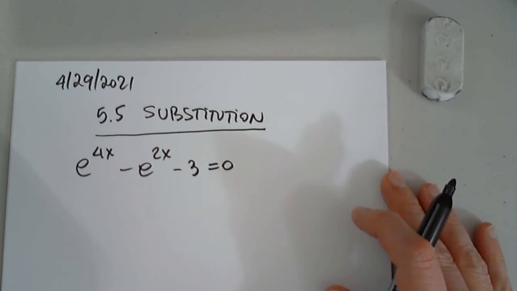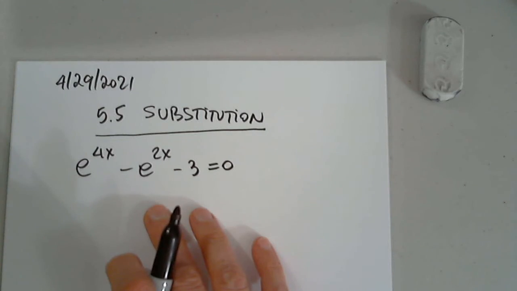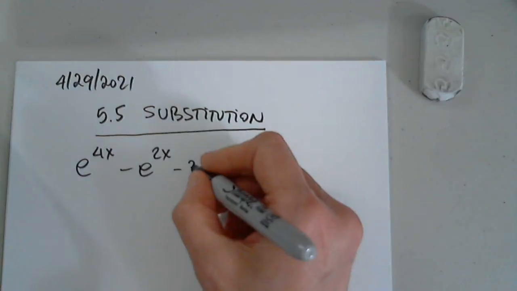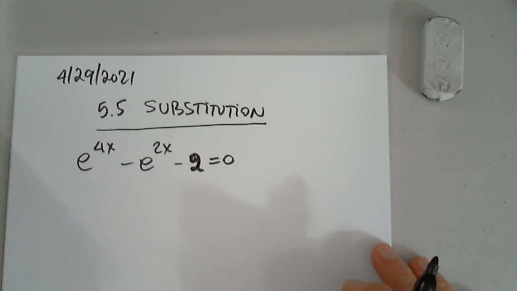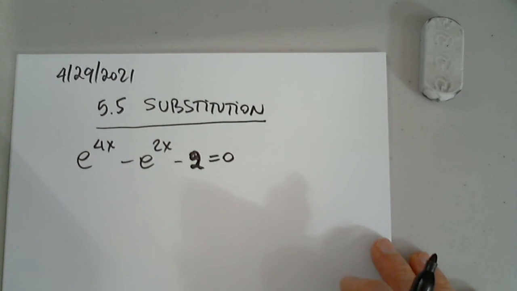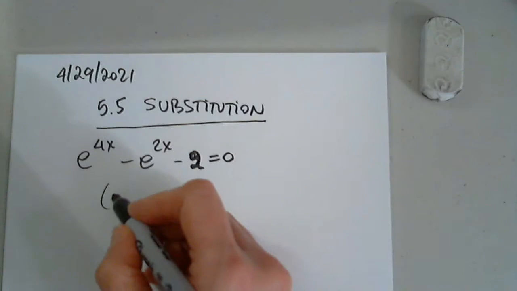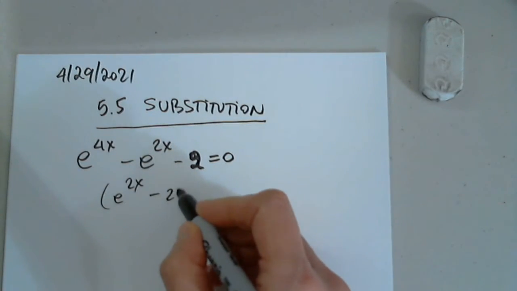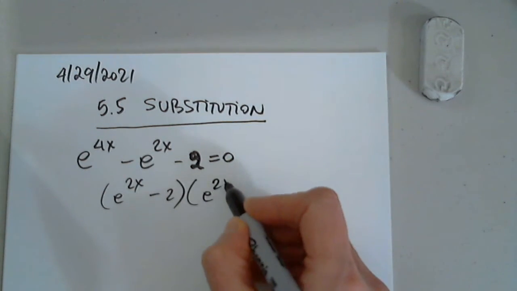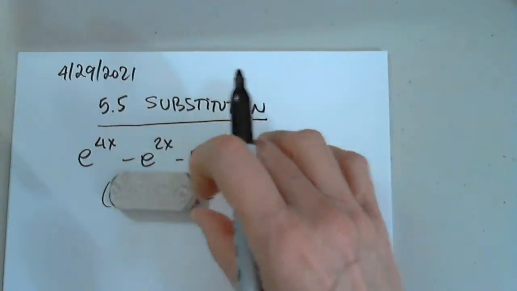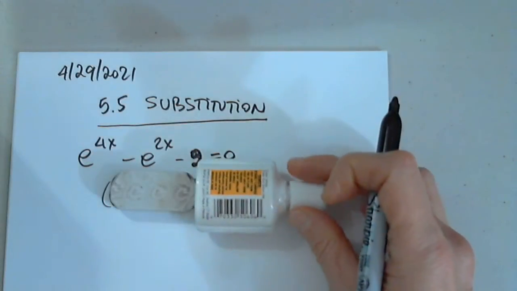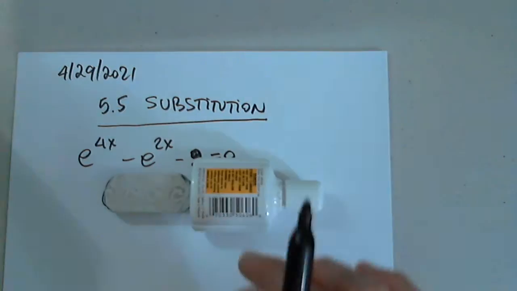You can say, I know how to solve this because I know how to factor it. True, you can factor it into e to 2x minus 2 and e to 2x plus 1 equals 0. But let's say we don't see the factor form.